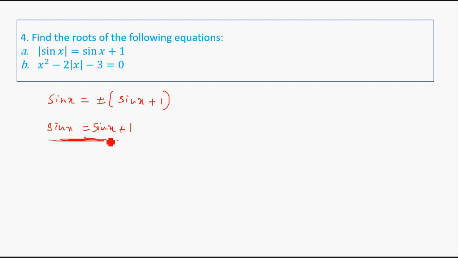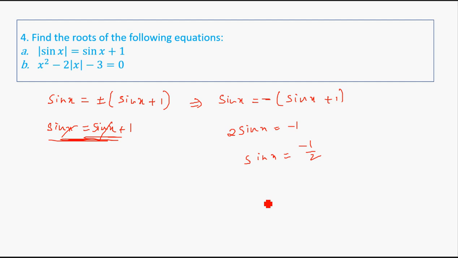So this cannot be solved because sin x will get cancelled. So we will take sin x is equal to minus, since the first condition, plus, cannot be solved any further, sin x plus 1. So when I send sin x to the left hand side, it becomes 2 sin x is equal to minus 1. So I will get sin x is equal to minus 1 by 2.